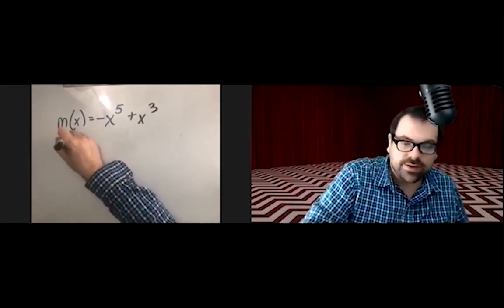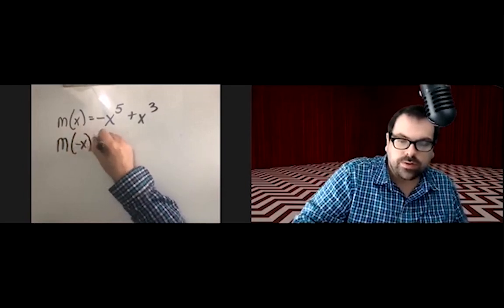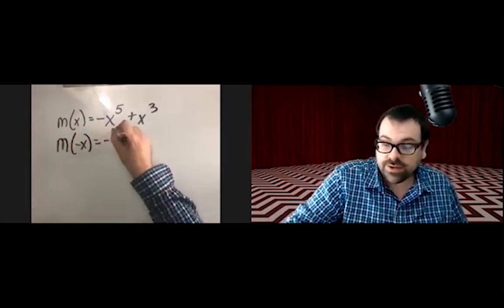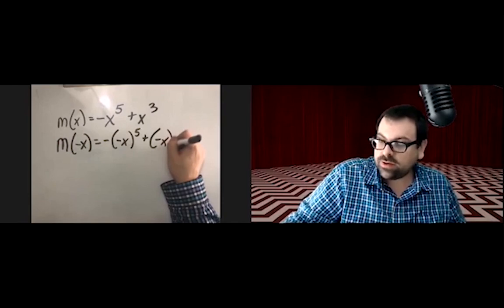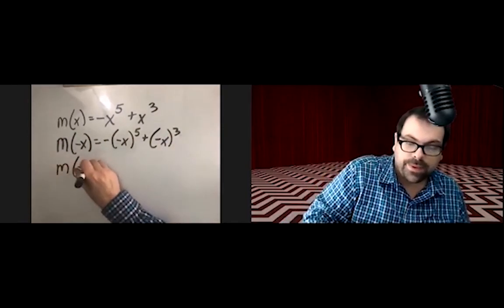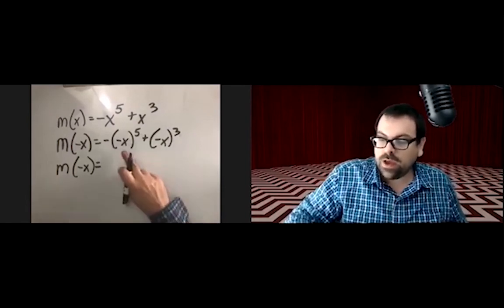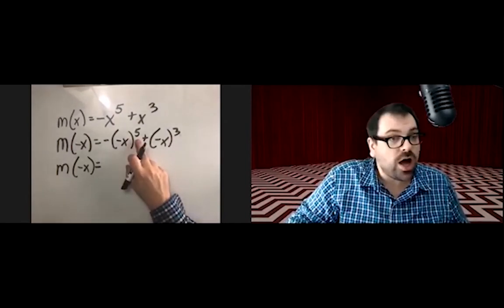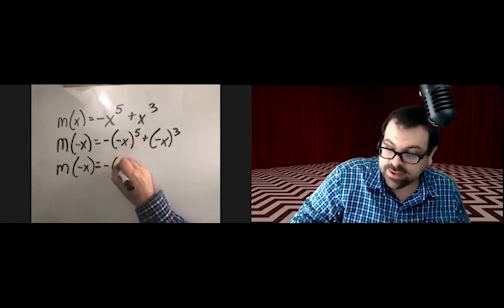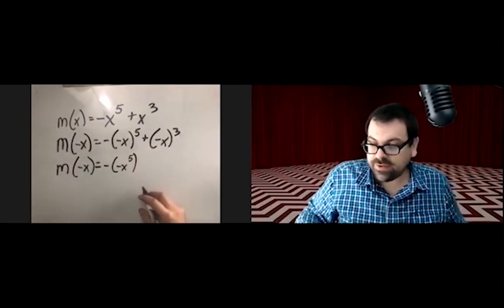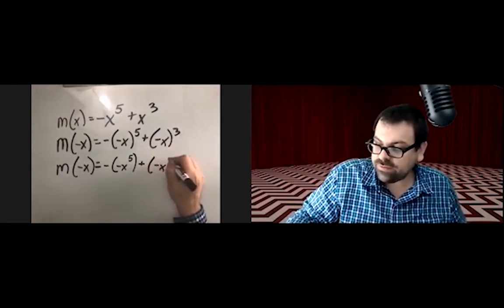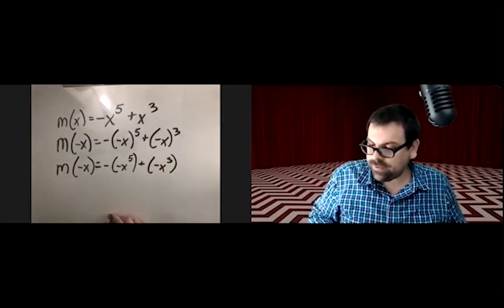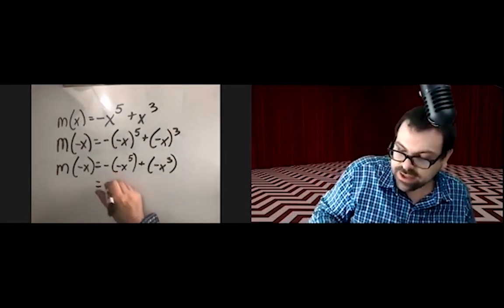Let's do our tests. Replace x with negative x. We do that everywhere. A negative to an odd power stays negative. So this is minus that negative x to the fifth, plus a negative stays negative when we cube it. Minus a negative is plus.